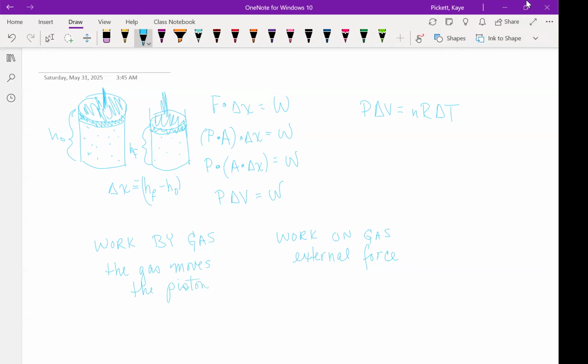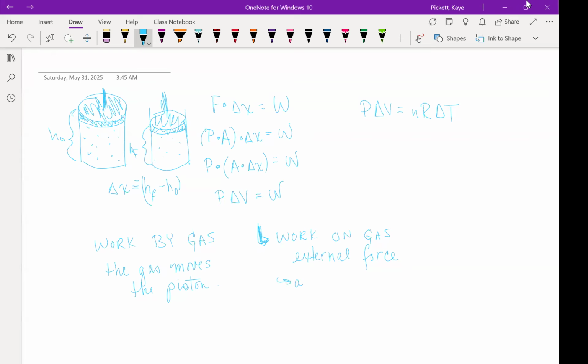For the purposes of this course, when we talk about the work done, we are going to talk about the work done on the gas. This is kind of a big deal. It's going to be a sign change. That's what really matters. Because if work is done on the gas, then I am putting energy into the system.